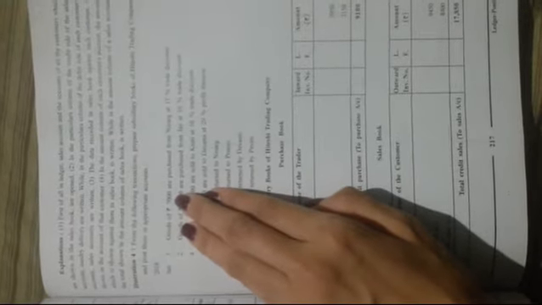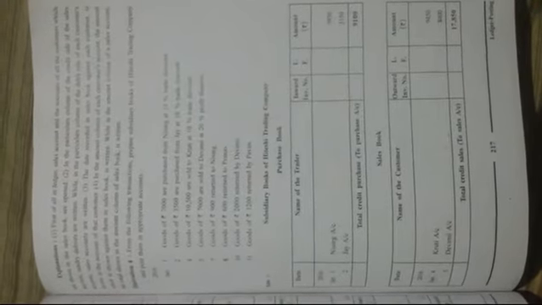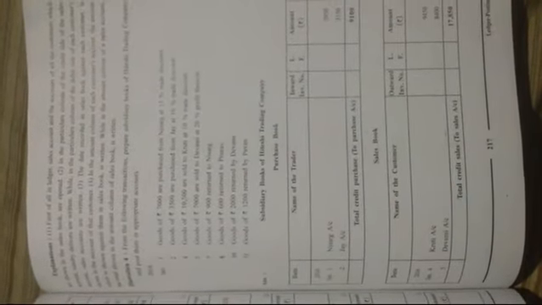So you all know that you have to deduct the trade discount out of the cost. So calculate 15% of 7,000. Whatever amount you get, you have to subtract from 7,000. So you will get 5,950. So goods were purchased, and you have to record that transaction in the purchase book.